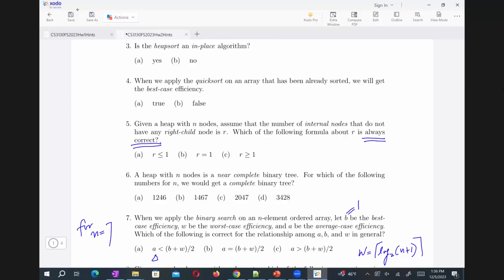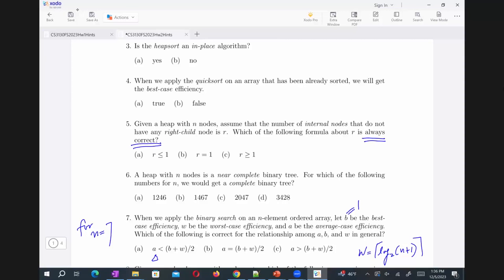Actually, what I want to ask, yes, in my mind, this question has a problem. What I'd like to have is for those nodes, this R should be those nodes who have only a left child, no right child.